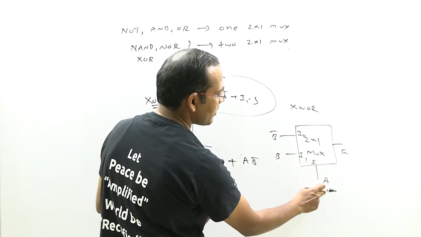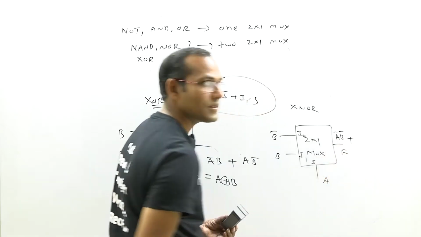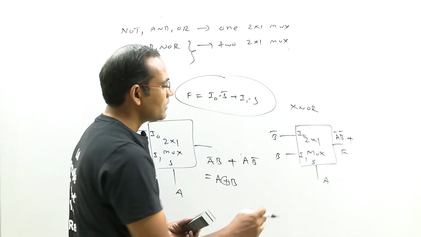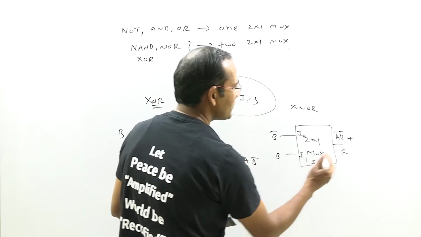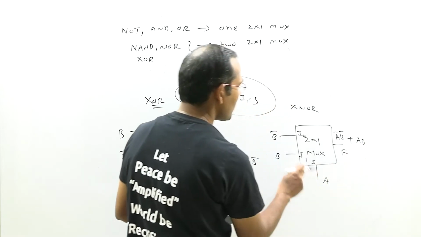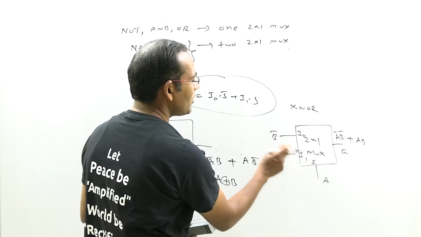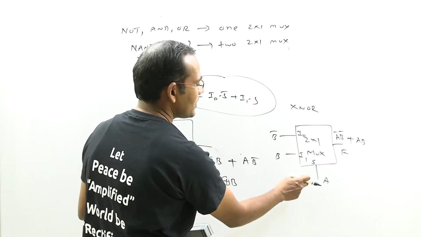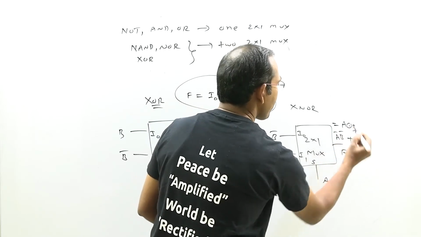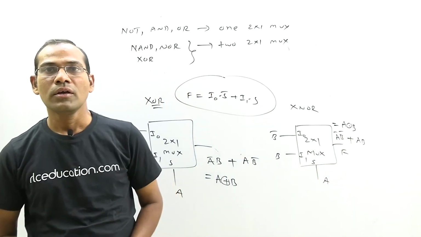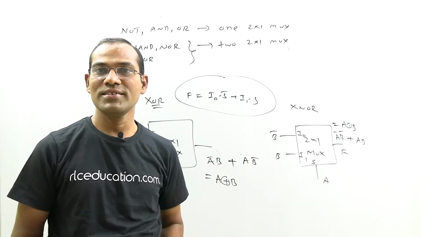So S bar means A bar into I0, so A bar B bar, plus S into I1, so AB. It's nothing but A XNOR B. So here also B bar is there. That's why one more mux is needed.